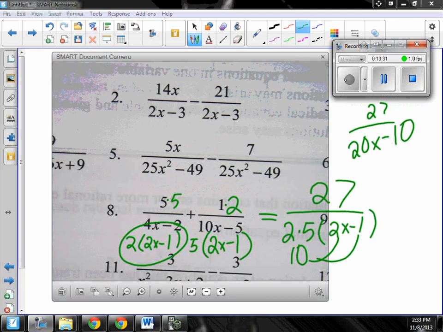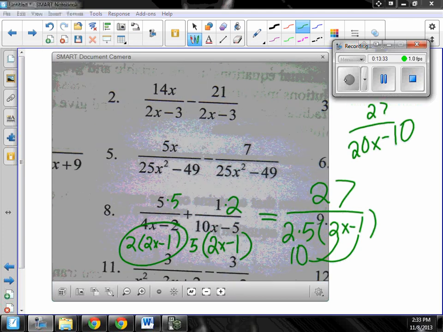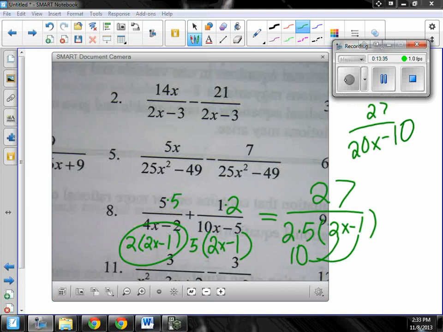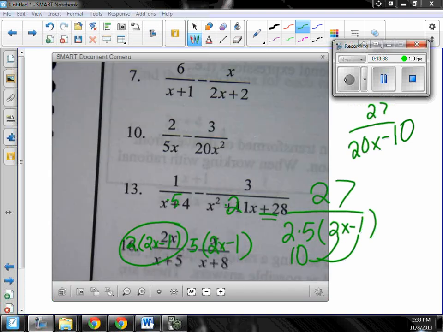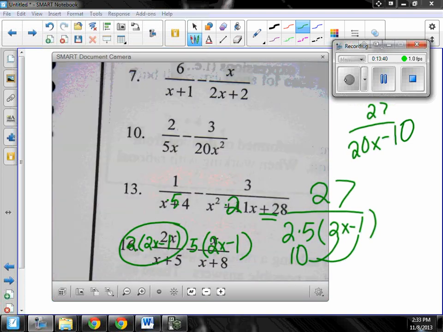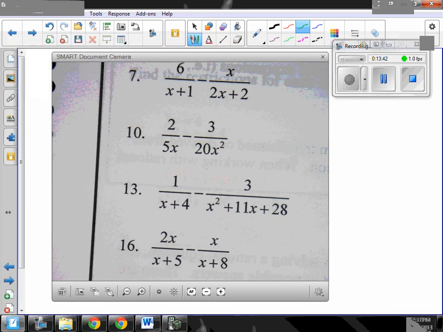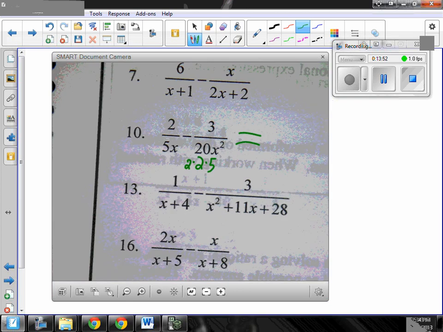Look at number 10. So I need to factor the 20, which is 2 times 2 times 5, and then x squared. What belongs in my common denominator?